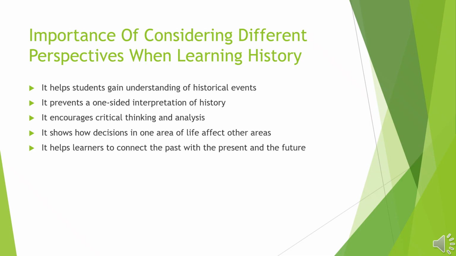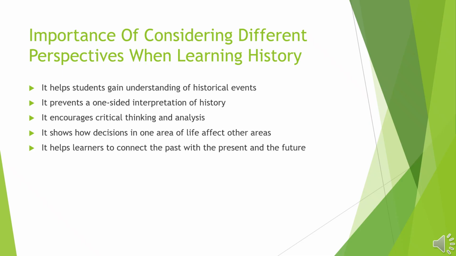It also prevents one-sided interpretation of history, because we cannot use only one source or branch to interpret history, else it will be one-sided and biased. It also encourages critical thinking and analysis.